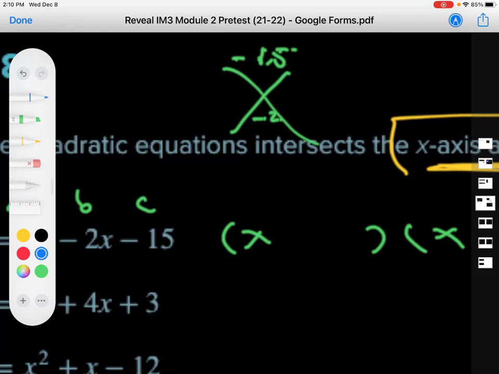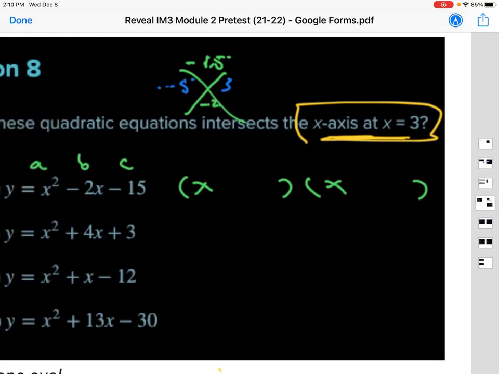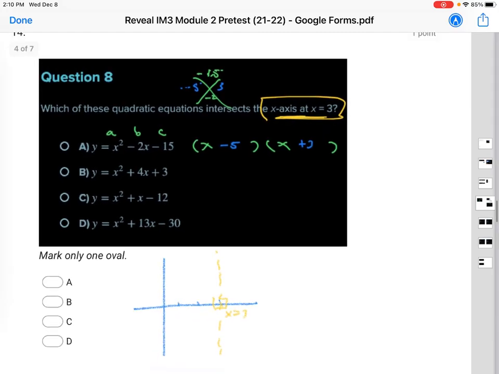This would give us 5 and 3, so negative 5 and positive 3. And then if you set this equal to 0, zero product rule, you'll get x equals negative 3. So that one does not cross the x-axis right there in that little box.